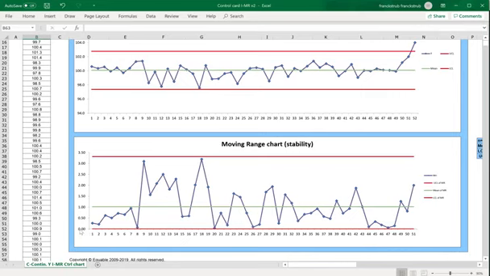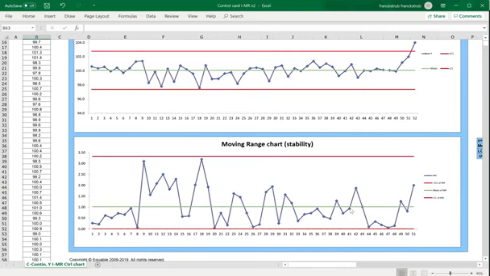But because we have absolute values in moving ranges, we just limit the graph to 0, and so we display the lower control limit at 0, and this is why it's not symmetrical on the moving range. And here you have the upper control limit of the moving range.